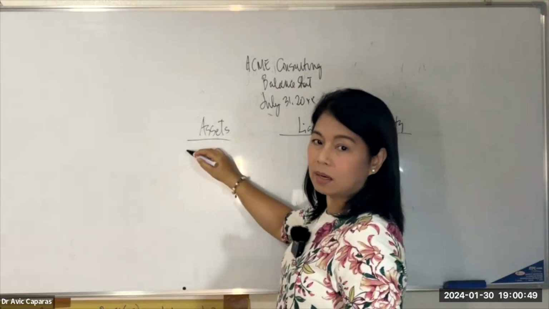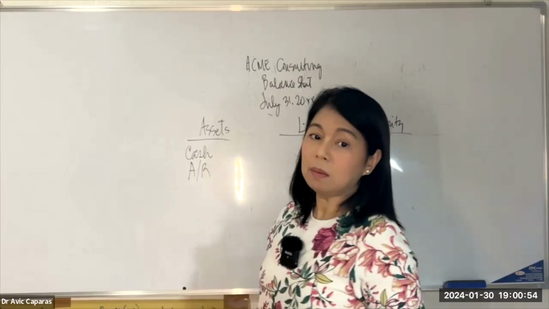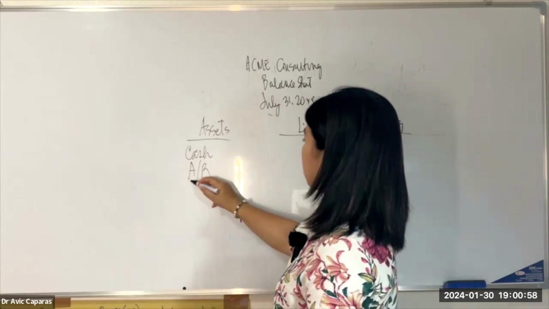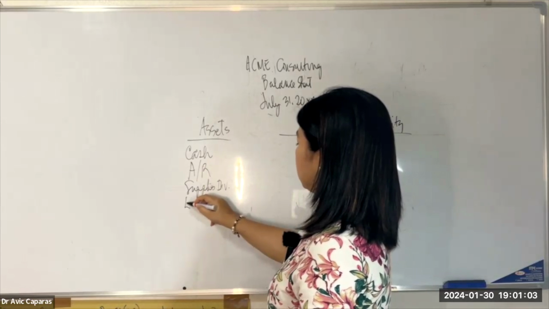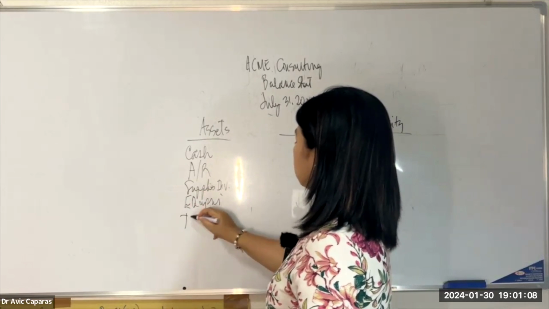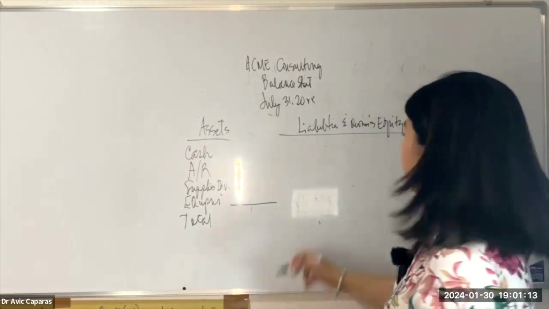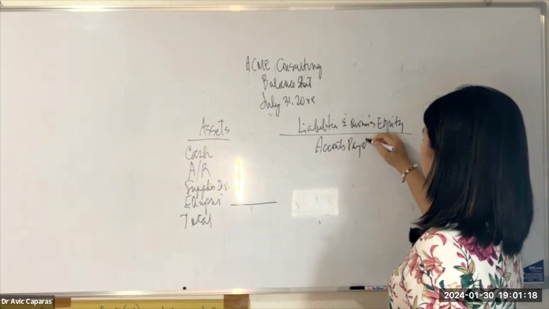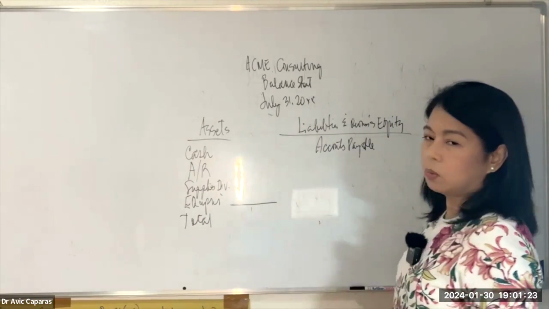So the assets here are cash, accounts receivable, AR, I would say, but you should always put it in full, you have to be familiar with it, accounts receivable, supplies inventory, equipment. So total, and then here, accounts payable, and then already owner's equity.